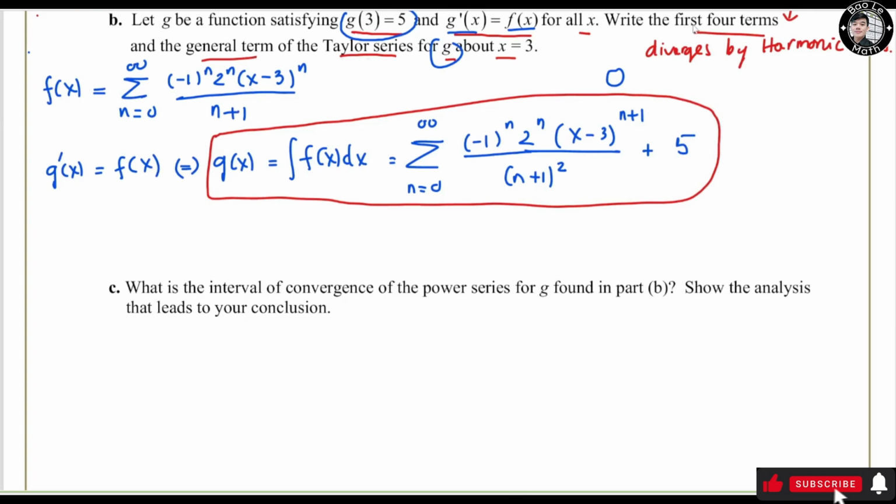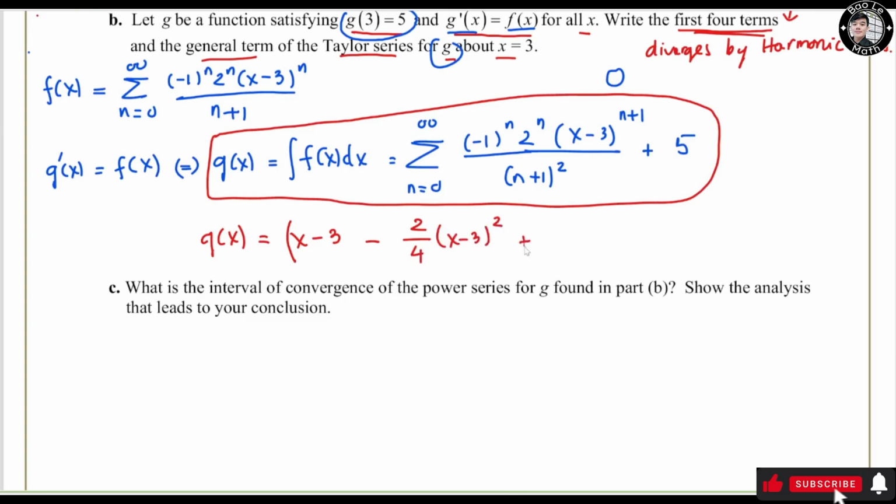Now the question wants you to write the first 4 terms. So we have g of s equals, and start from 0, substitute 0 for n over here. Negative 1 raised to the 0 is going to be 1, and this one is 1, and you have s minus 3. For n equals 1, you have negative 2 over 4 times s minus 3 squared.